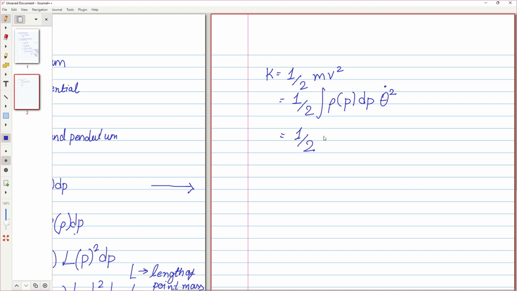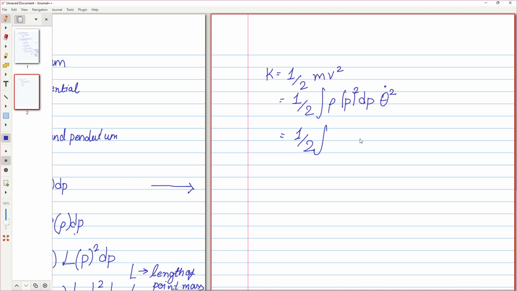We have already found that the moment of inertia is supposed to change because we are considering the point mass. So this will not be the mass, but the moment of inertia of the point mass that we are considering.